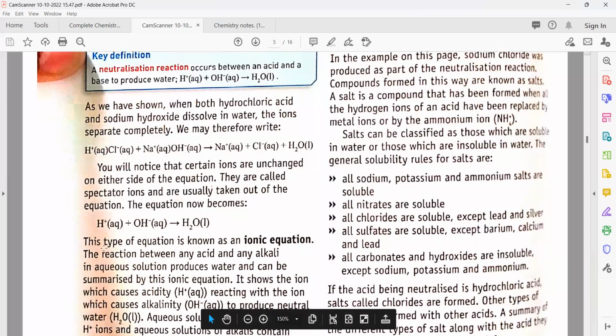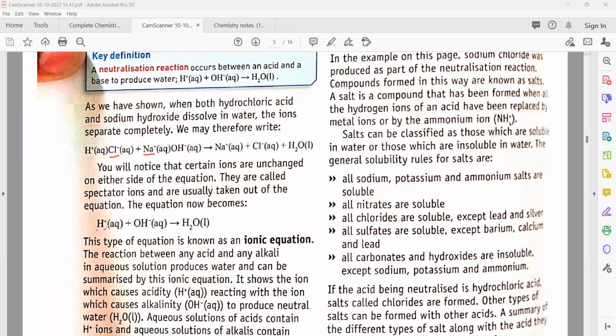Now, you will notice that certain ions are unchanged on either side of the equation. They are called spectator ions and are usually taken out of the equation. The equation now becomes this. Here there is no change in these two ions, meaning chloride and sodium; they are in the same form, but here the change occurs. How?